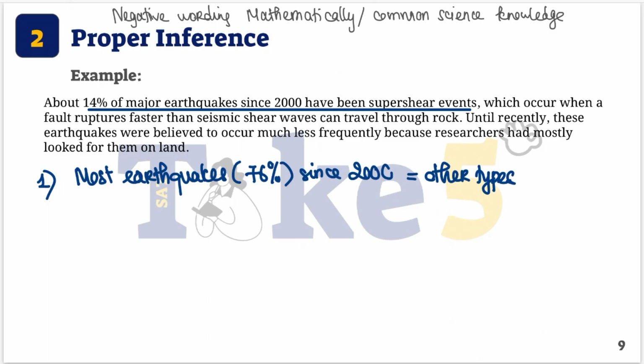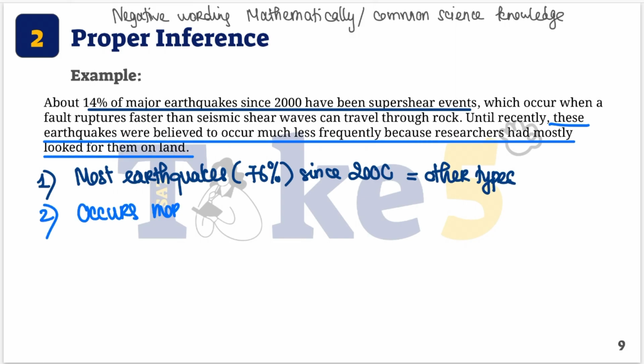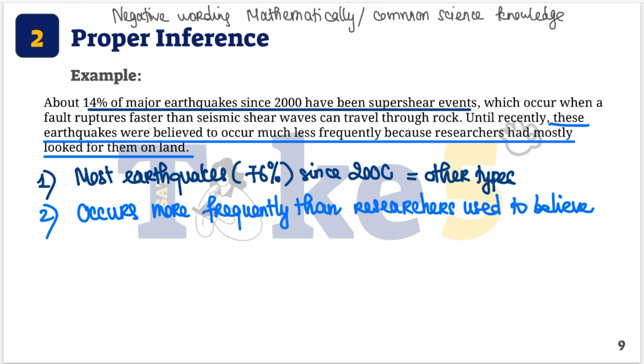Another cue you can use to flip is supershear quakes were believed to occur much less frequently, so this type actually occurs much more frequently than researchers used to believe. In fact, if researchers only obtained their inaccurate estimate by looking mostly at supershear quakes on land, then many supershear quakes must not occur on land, or logically, they must occur underwater instead.